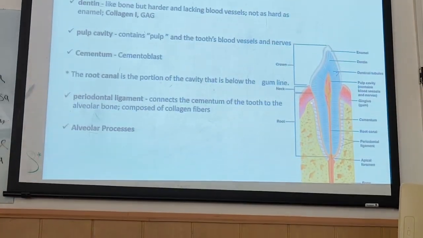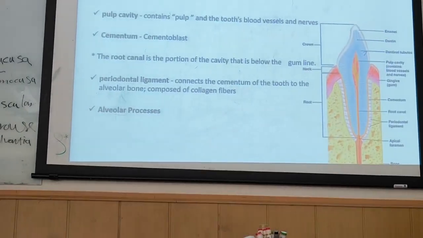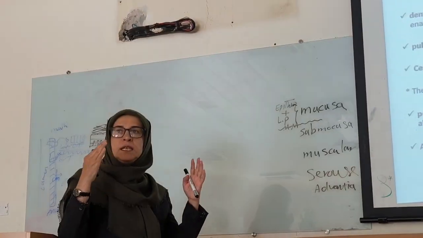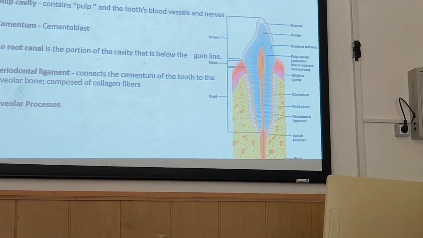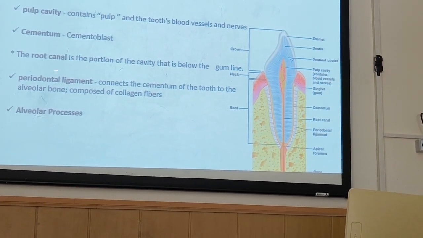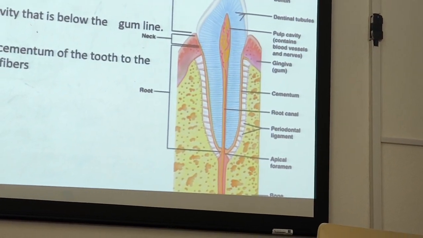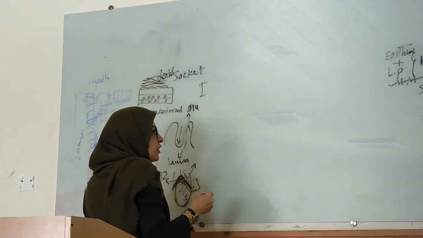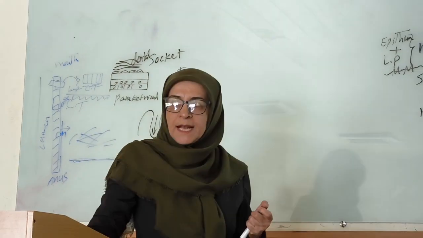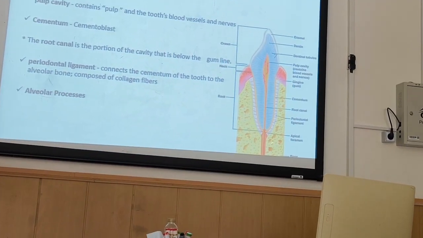And finally, on the outside of the teeth, there is a type of dense connective tissue, the periodontal ligament, which mainly includes collagen type 1 located in different directions and attaches the tooth to the bone.